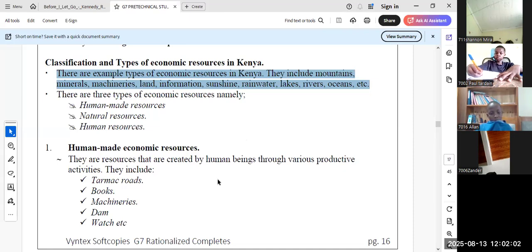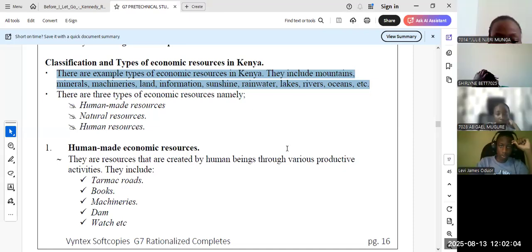I don't want to leave anybody behind, because here many students get confused. If you are asked to give the three types of economic resources, just name the three types.